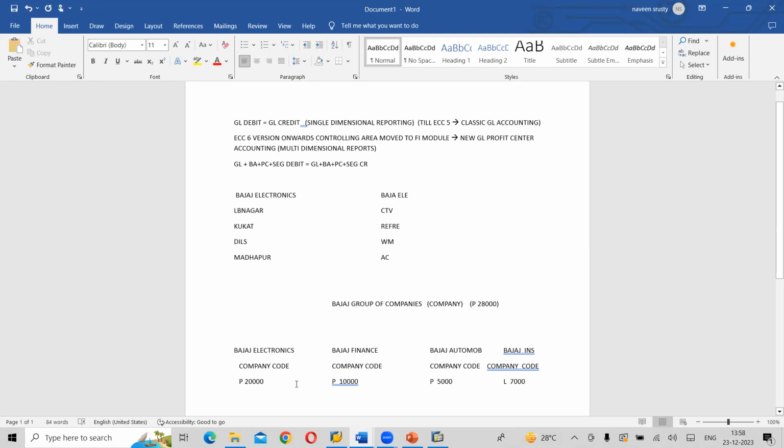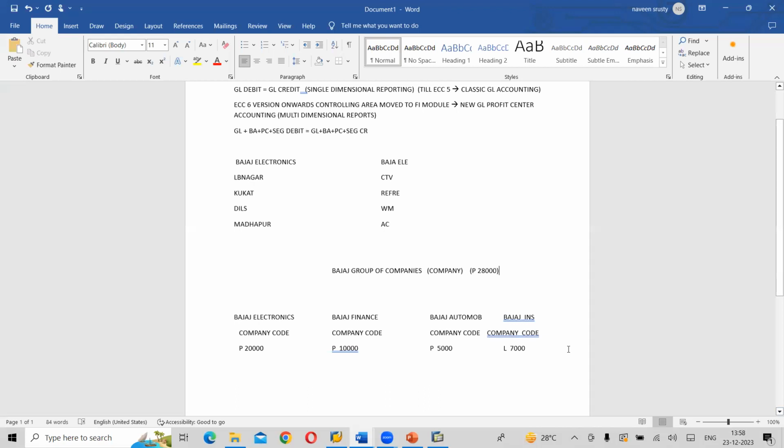But for company codes, for example, I am having only one business. For example, if I take Lalita Gold and Jewelries, they deal in purchase and sale of gold and jewelry.